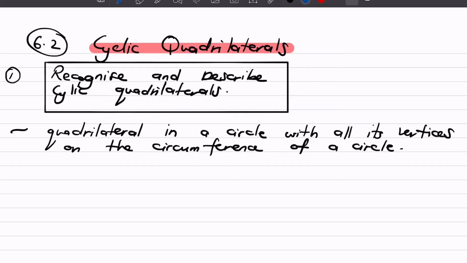Now I'll draw a figure, okay, for you to understand it. So this is a circle. All these over here are the vertices. So we can label this as F, this as G, this as H, and this as I. Okay, I'll show you another example.